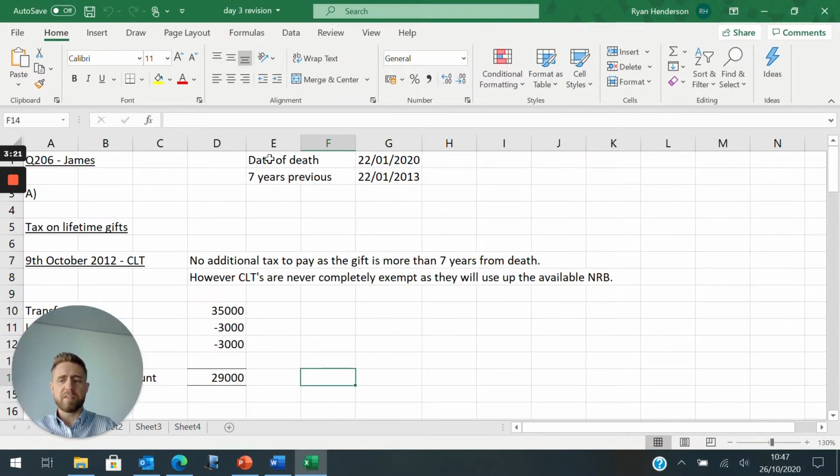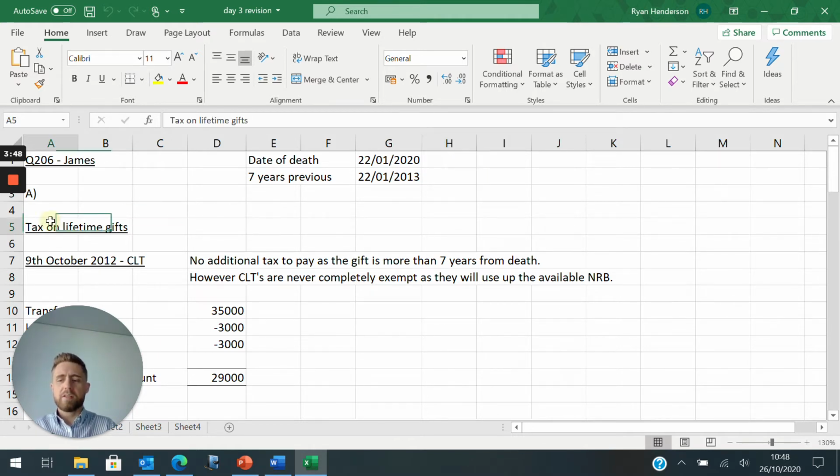So if we go through this, the first thing I would do in any inheritance tax question is identify the date of the death and 7 years prior to that death, because as we know, any lifetime gifts that have been gifted within the last 7 years, guys, do become chargeable. So therefore we have to make sure that we look back 7 years and we know those dates.